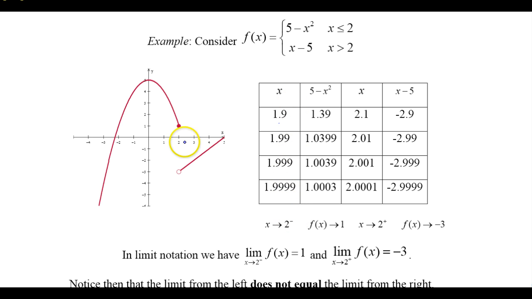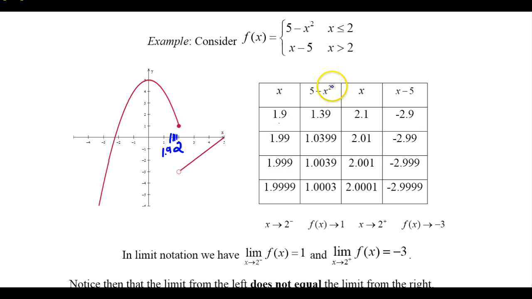From the left side of 2. So here's 2. If I substitute in 1.9, where is 1.9? It's to the left, so it's obviously not right in the middle, but my pen's a little bit thick. So 1.9 is to the left of 2. So I'm getting closer and closer to 2 from the left in this column.